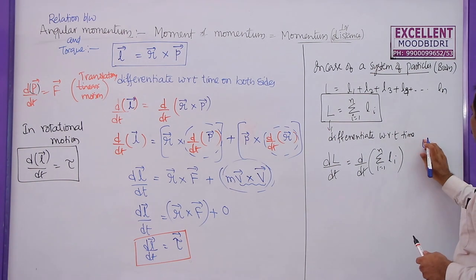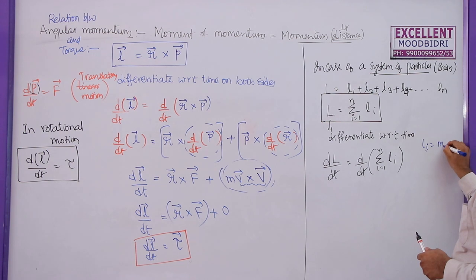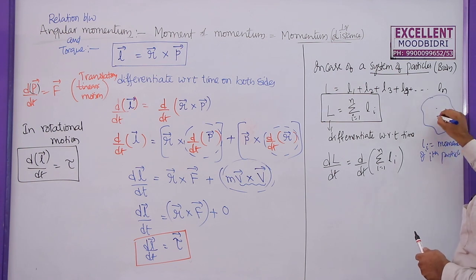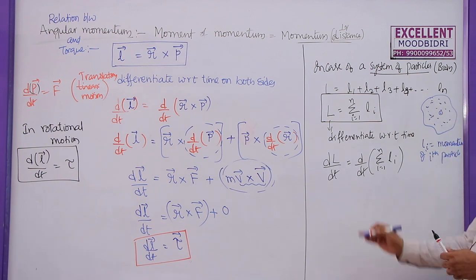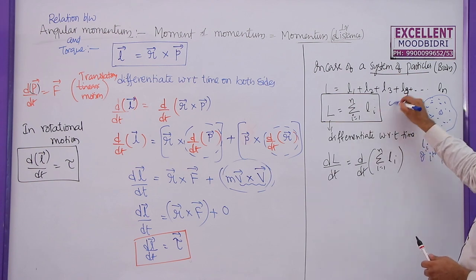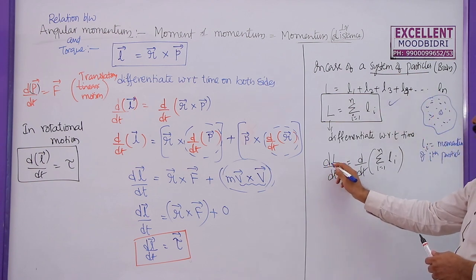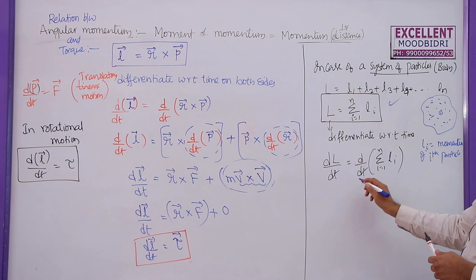Li is equal to the momentum of the ith particle in a body. So this is the body and it has so many particles. If you consider one particle, this is the ith particle, then the total momentum is given by this. And now the total rate of change of angular momentum of this body is given by this.